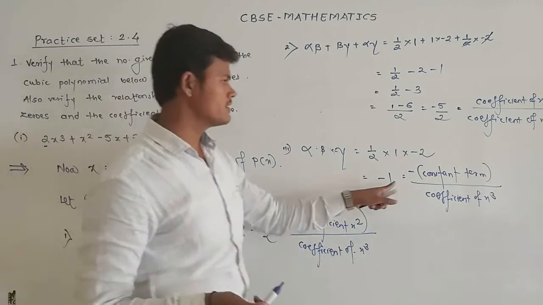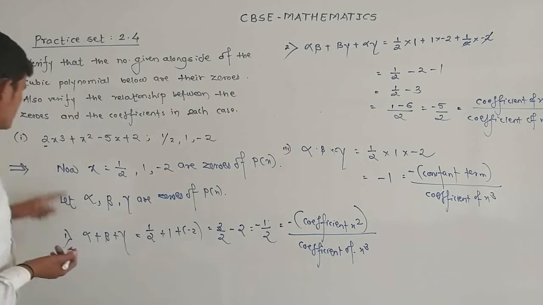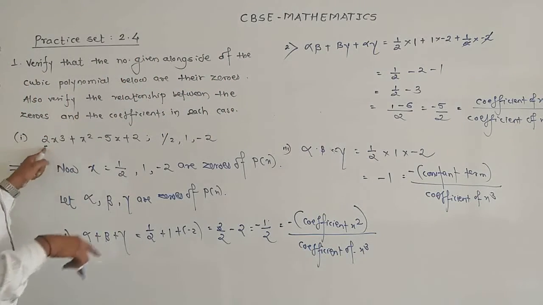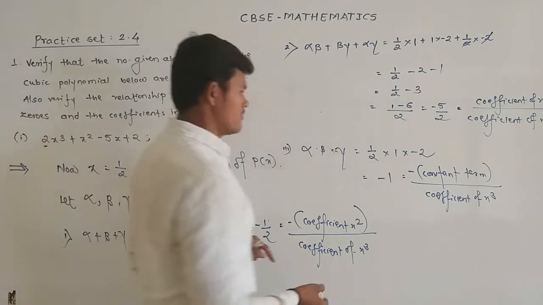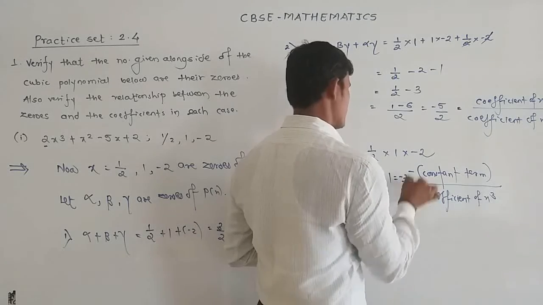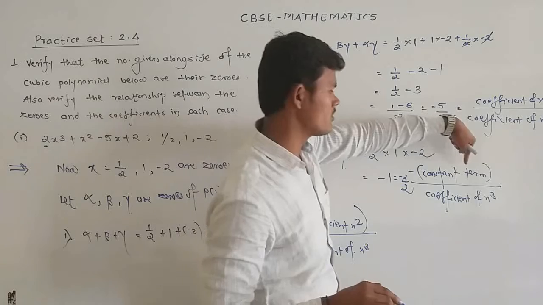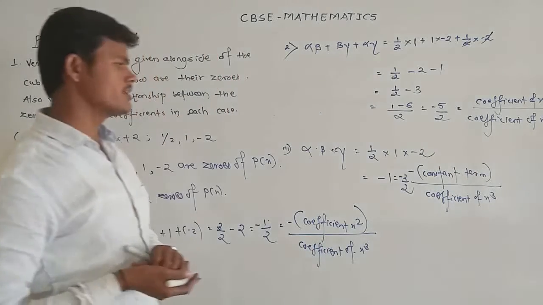Here the coefficient of x cube is 2 and the constant term is 2. That means this value is nothing but minus 2 by 2, which is minus 1.